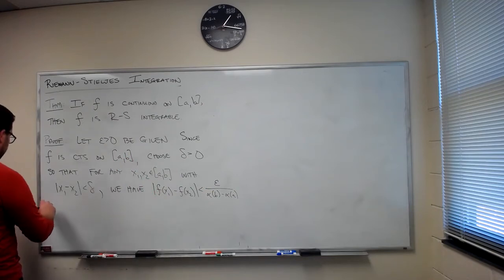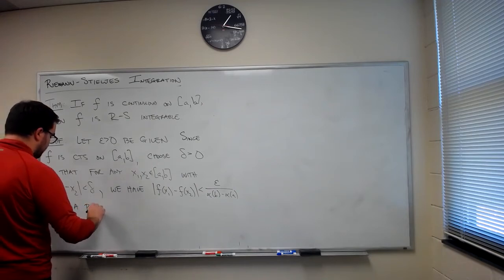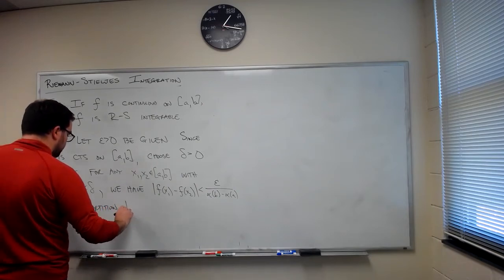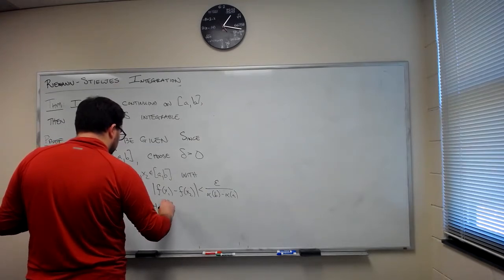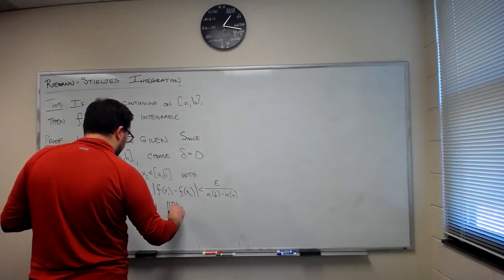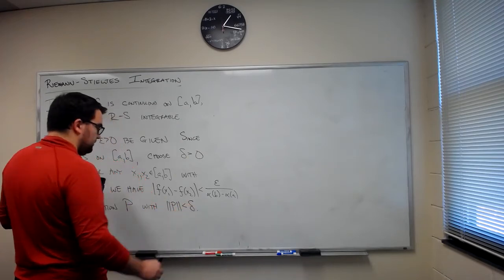All right, so now I'm going to choose a partition P with the norm of that partition less than delta.